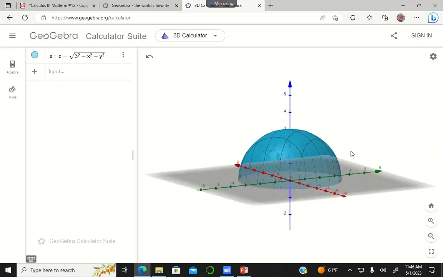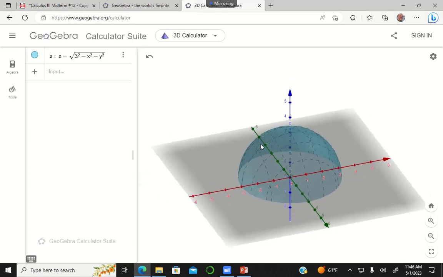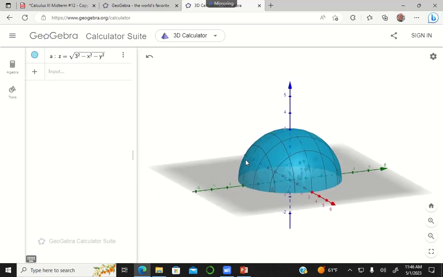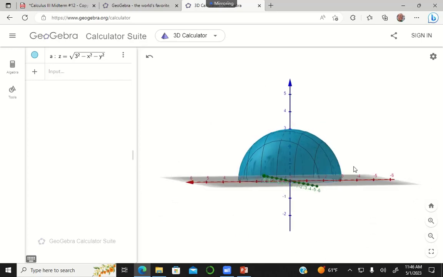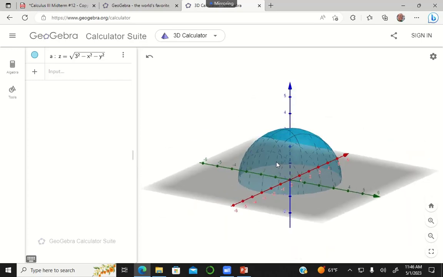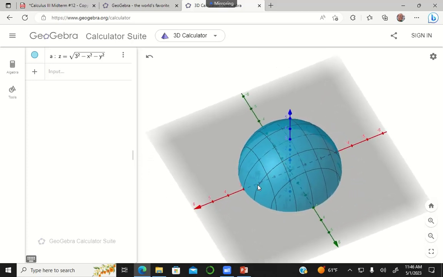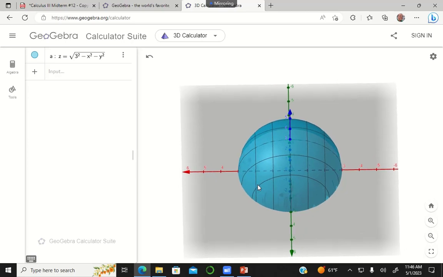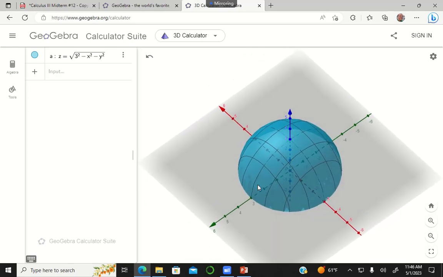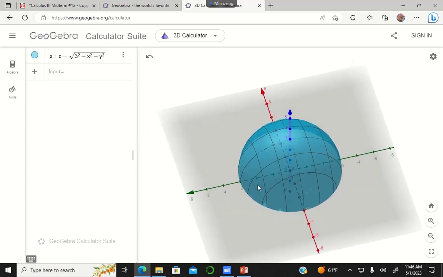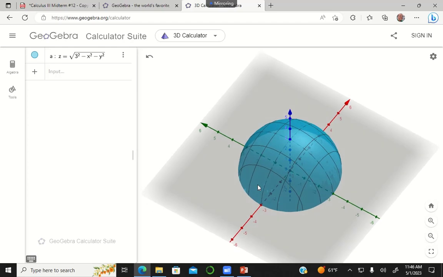What do I mean by the boundary of this surface? Half a sphere. So the boundary, the edge of the top half sphere, is going to be the edge that lies on the circle in the xy plane. There's a circle in the xy plane with radius a, and that's the edge of this surface.